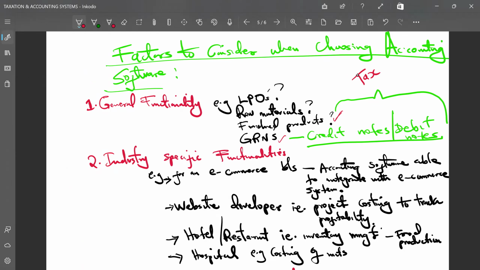And how does your system handle debit notes in terms of tax? Because remember, when goods are returned by your customers when you sell to them, what happens in your system?